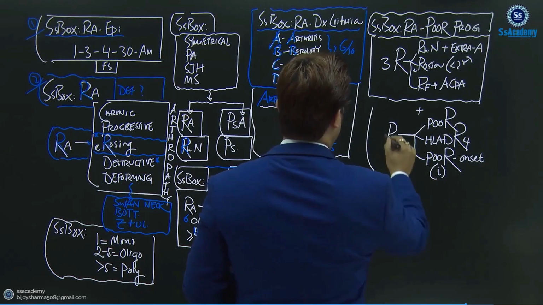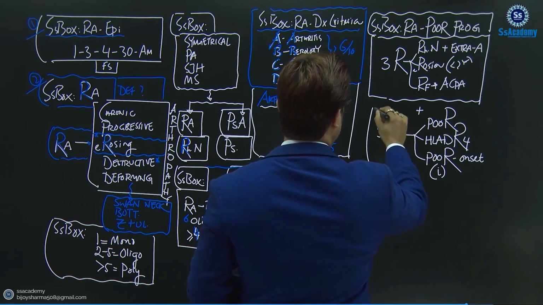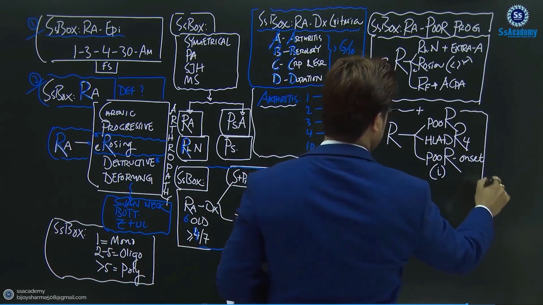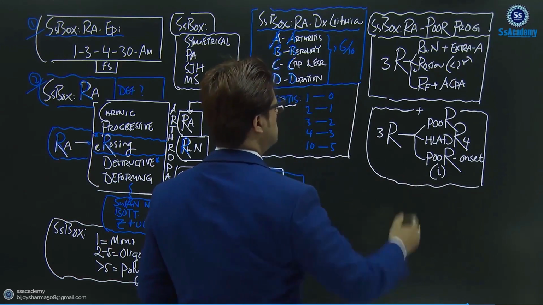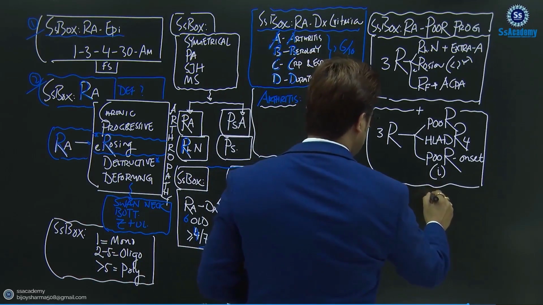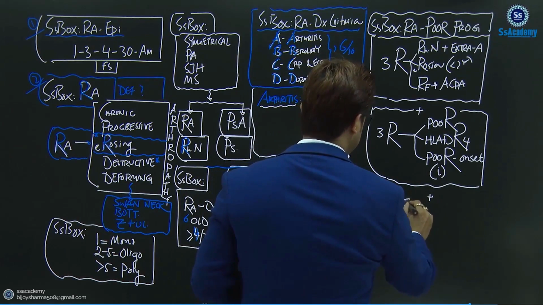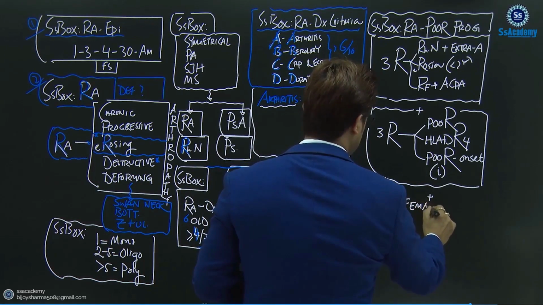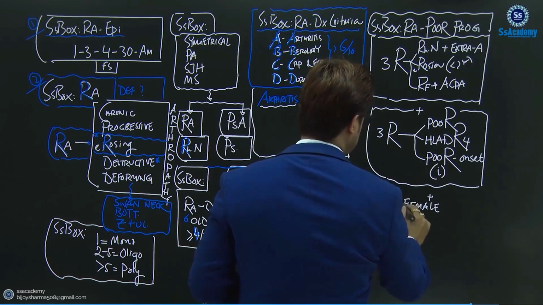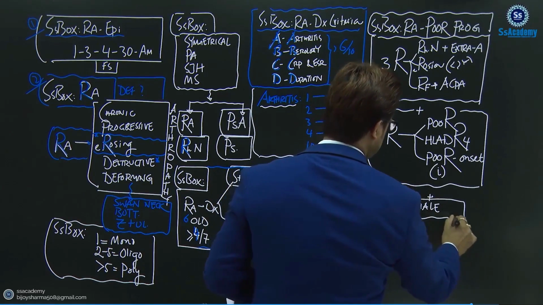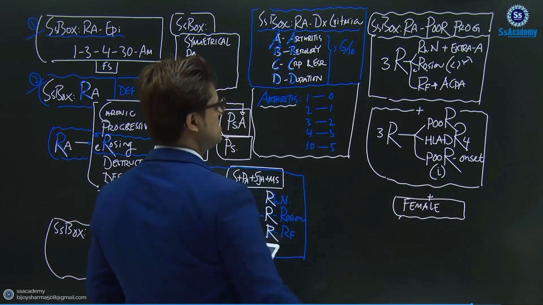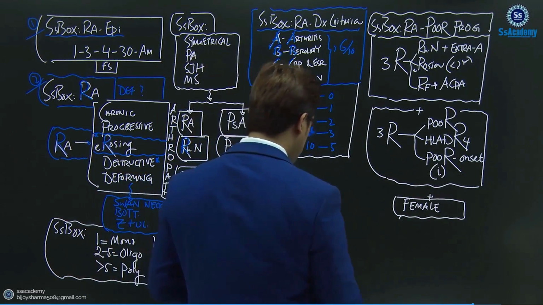So altogether, another 3R is a diagnostic criteria that you can add, my dear. So three diagnostic criteria. And the last, this is exceptional, is female, a poor prognostic feature, my dear. This is added newly. So that's why this is a separate thing, so that you need to remember, my dear.